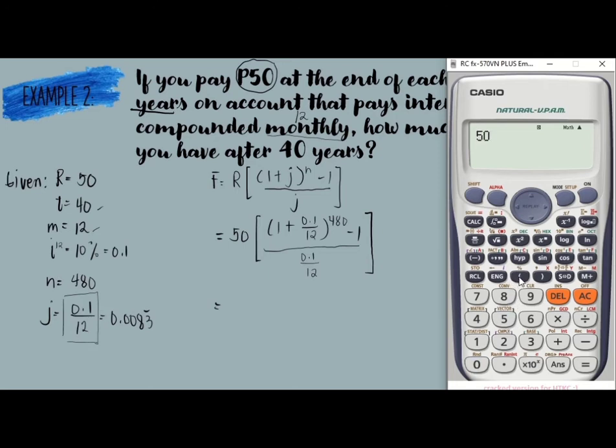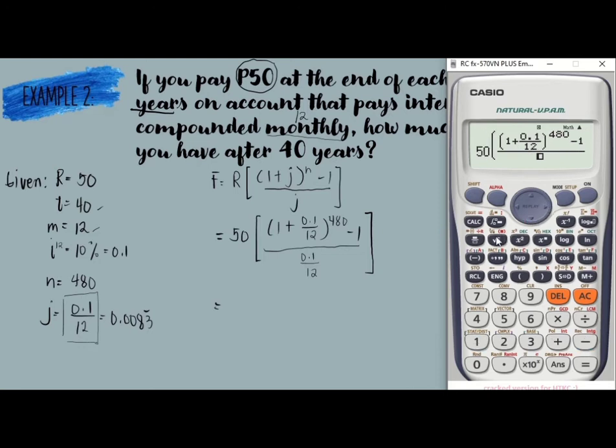Okay. So, now, input natin sa ating calculator. So, 1 plus, so, 0.1 over 12 raised to 480, then minus 1.